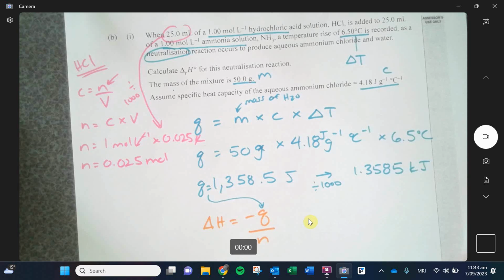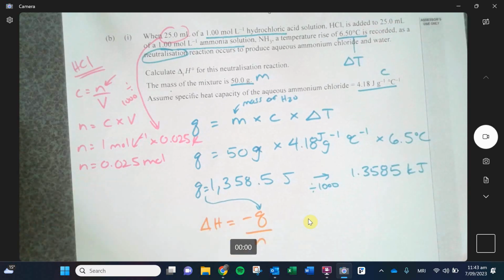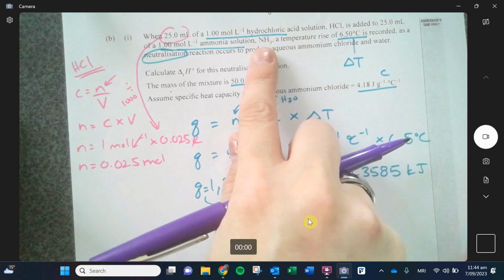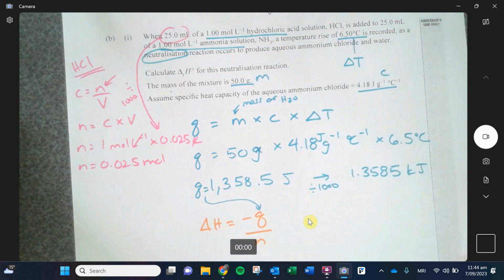All right, so that's the amount of hydrochloric acid. I'm also going to check the amount for the ammonia to see which of these two is the smaller of the two numbers, because whichever is the smaller is what's going to run out first.